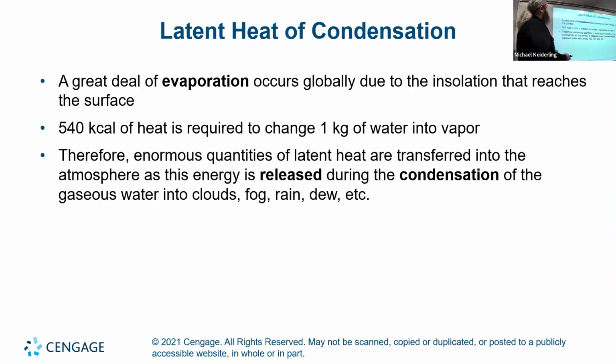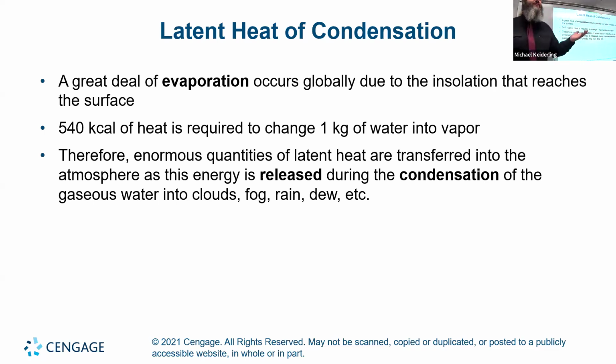So, another factor that transfers heat to the atmosphere is the latent heat of condensation. A large amount of evaporation occurs globally due to the insolation that reaches the surface. But it takes a lot of energy to convert water from liquid to gas, which is what you're doing when you evaporate something.